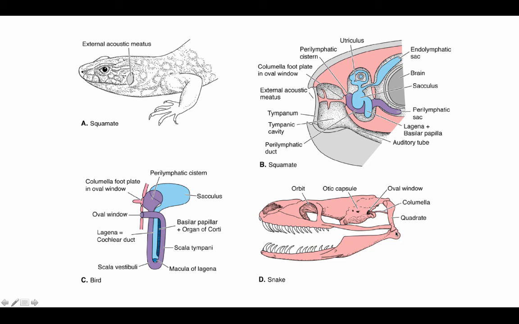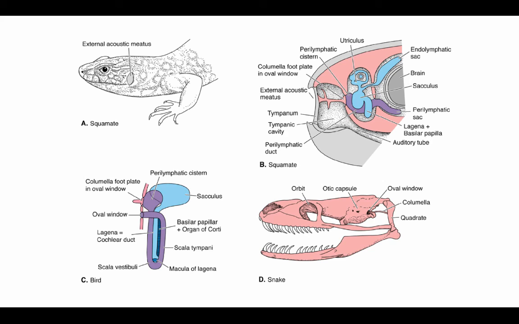And in atympanic snakes, so snakes that have lost this external eardrum, like you see here in the squamate, in the lizard, this is basically their primary means of hearing. They sense vibrations through the ground as they slither along through their jaw joint, which is transmitted through the quadrate and columella right into their ear. So this is their only mechanism for detecting primarily very low frequency and high amplitude sounds.